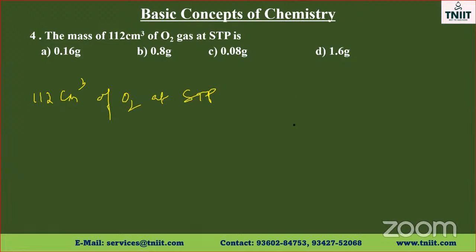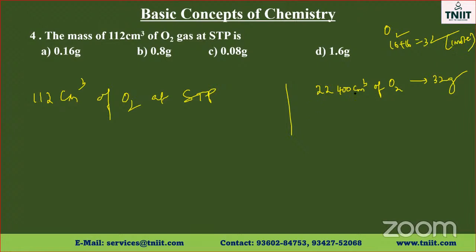Can I say 22,400 centimeter cube of oxygen weighs 32 grams? Because oxygen is a molecule, 16 plus 16 is 32. So 32 grams of oxygen is 1 mole, and 1 mole will occupy 22,400 centimeter cube. That's the mass, mole and volume relation. Now they are asking for the mass of 112 centimeter cube of oxygen.